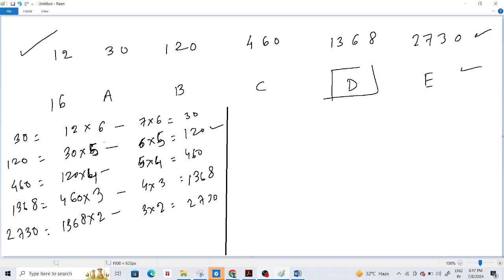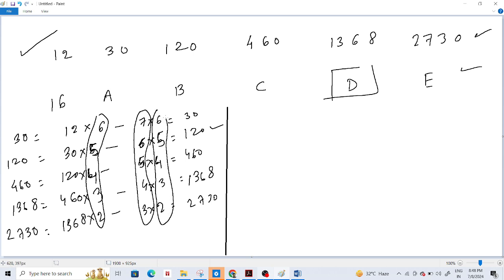So you see these numbers are decreasing by 1 starting from 6. These numbers are decreasing by 1 starting from 7. These numbers are decreasing by 1 starting from 6. Right? Now the same thing we need to do for the second series.